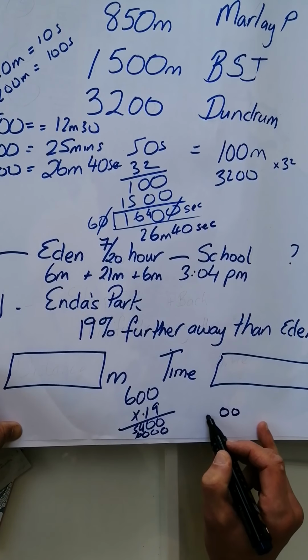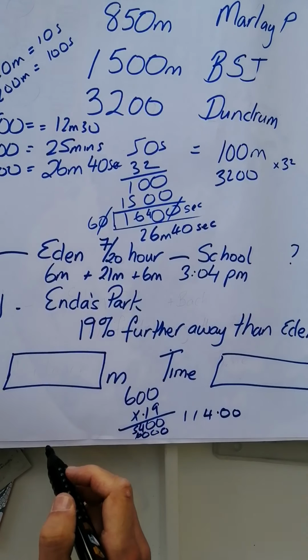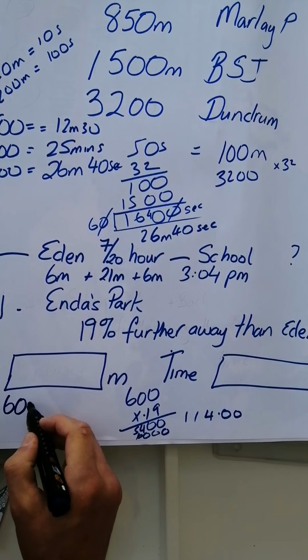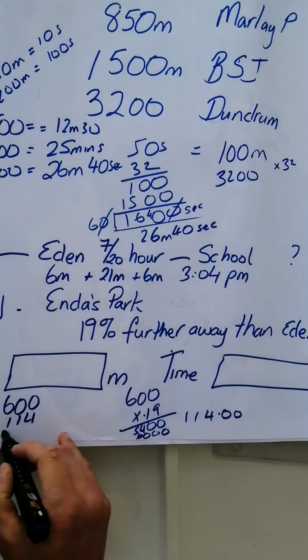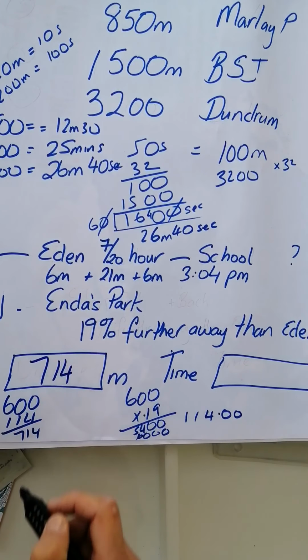The answer is an extra 114 meters. So if I add on that, 600 plus 114, that gives me 714. So 714 for that part.